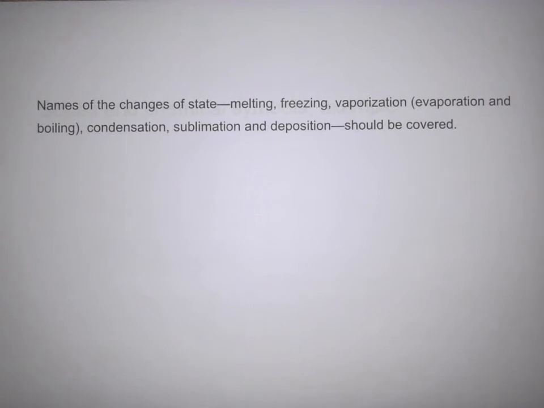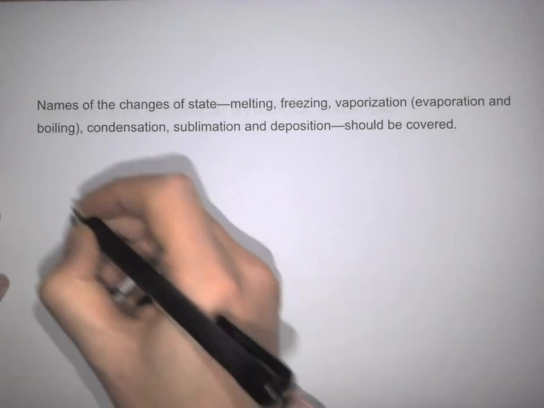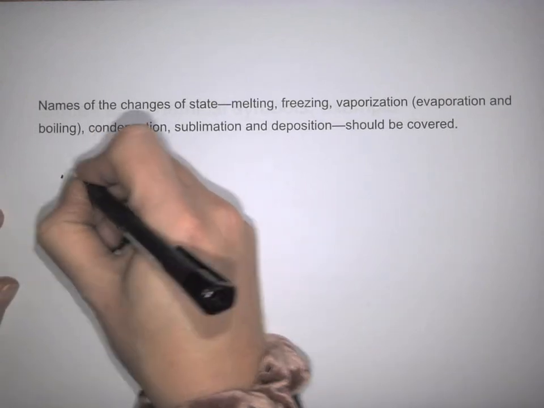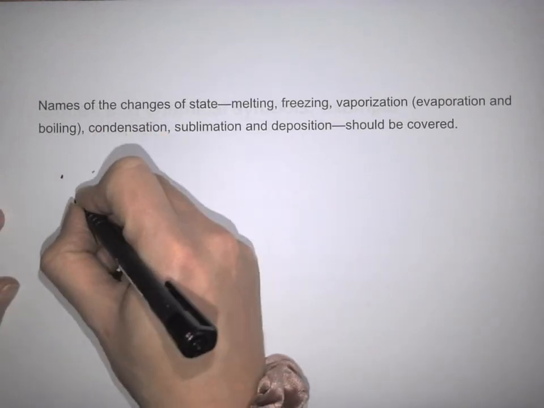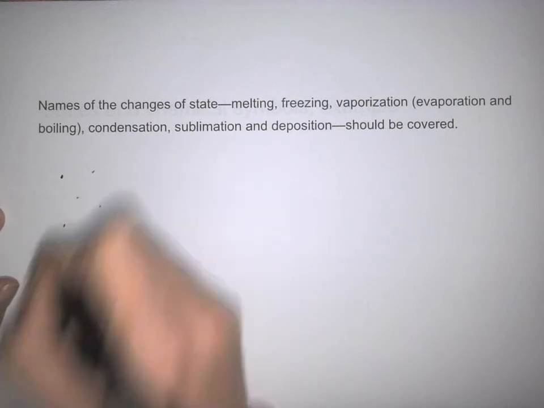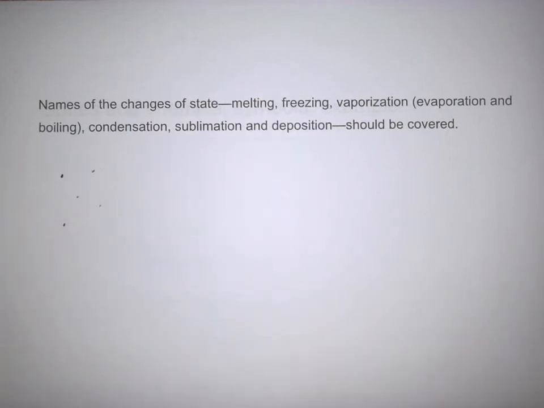I'm going to now draw you a picture. We can draw particles like water if it is in gaseous state. If it is in gaseous state, it will move rapidly, so we can see that we have a big distance between the water molecules.